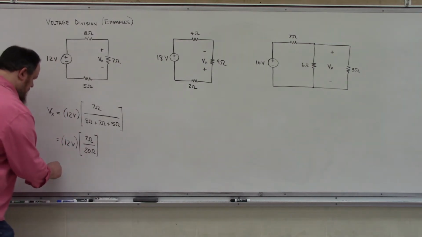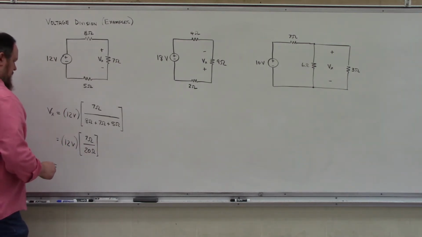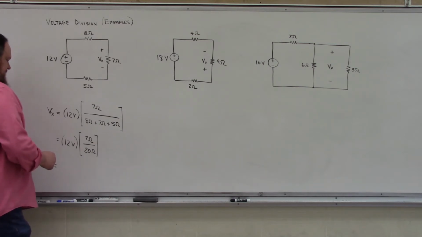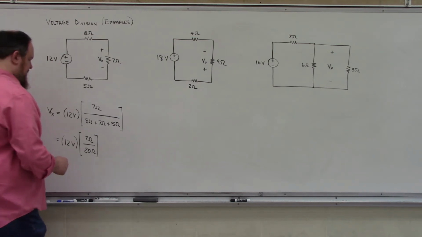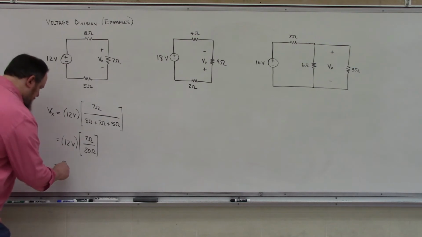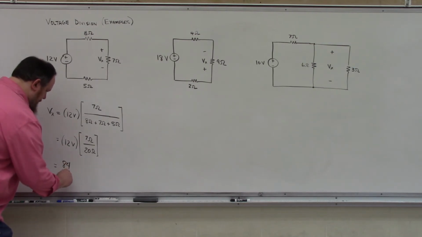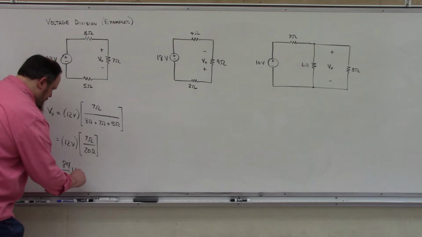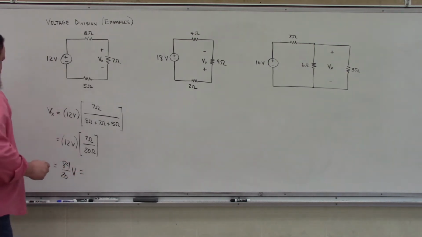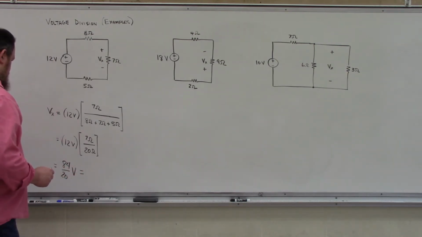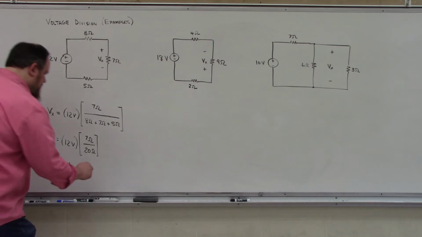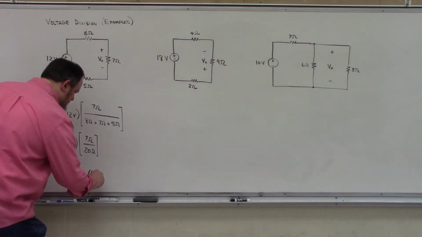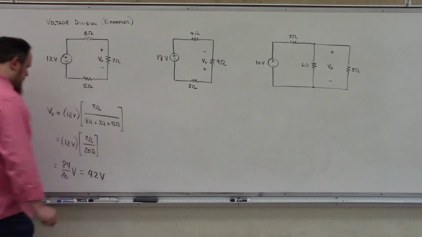And let's see, so this is going to be 12 times 7, which is 84 divided by 20. Which looks like 4.2 volts, if my mental math is correct.